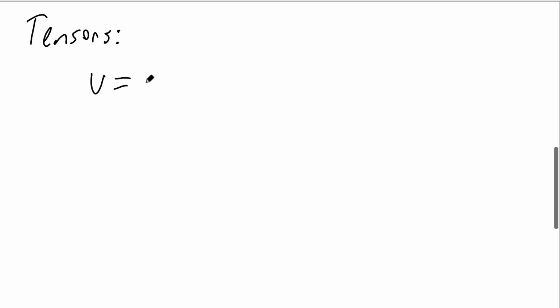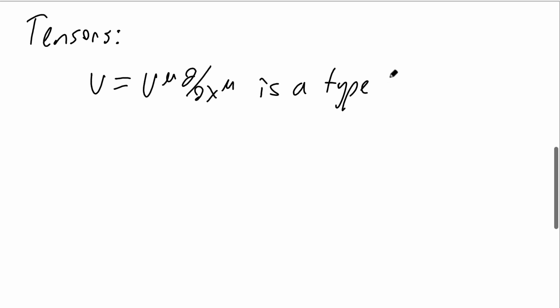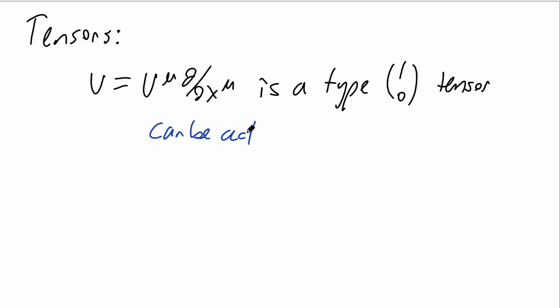A vector, which we can always write this way, is a type 1,0 tensor. And the meaning of 1,0 is that this is an object that can be acted upon by one covector.